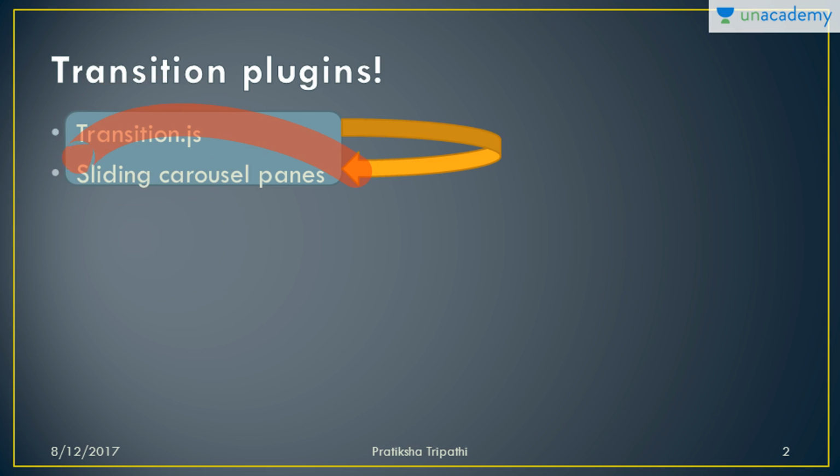Carousels are nothing but panes that come and go, they keep on transiting. You must have seen that on a website, for example Amazon. When you open Amazon, certain news comes for some seconds and goes, flashes and goes. Then another one comes, and so on. That is how it happens through transition.js.